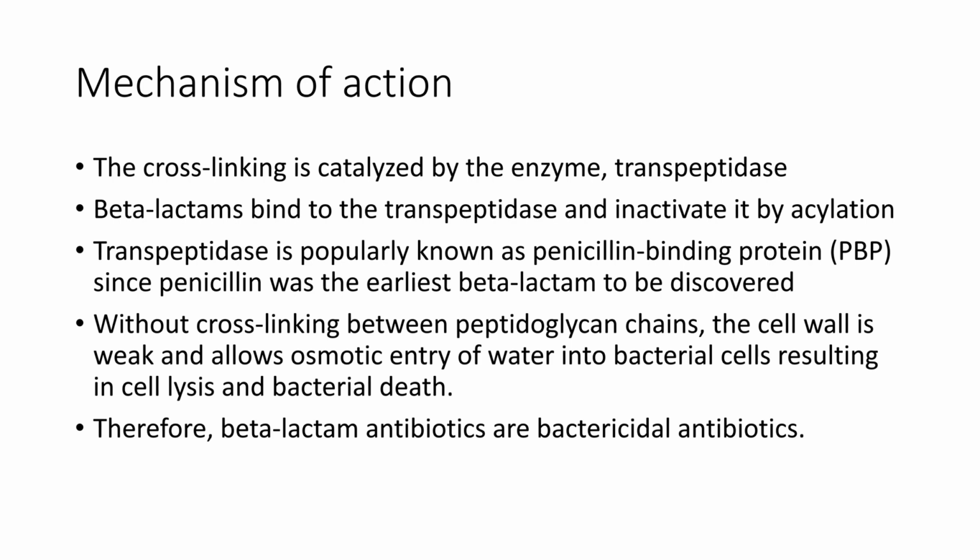Beta-lactams bind to the transpeptidase and inactivate it by acylation. Transpeptidase is popularly known as penicillin binding protein since penicillin was the earliest beta-lactam to be discovered. Without cross-linking, the cell wall is weak and allows osmotic entry of water into the bacterial cells, resulting in cell lysis and bacterial death. Therefore, beta-lactam antibiotics are bactericidal antibiotics.